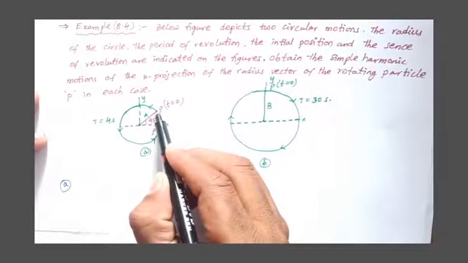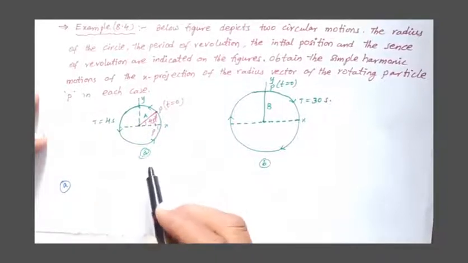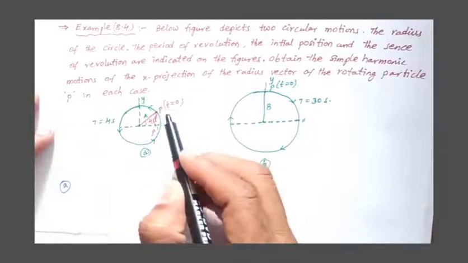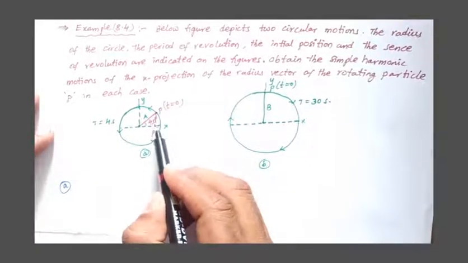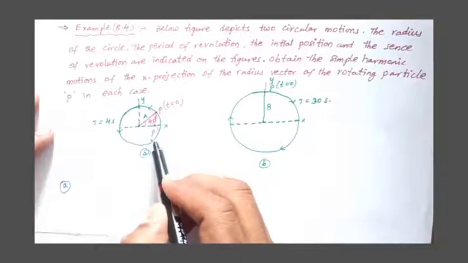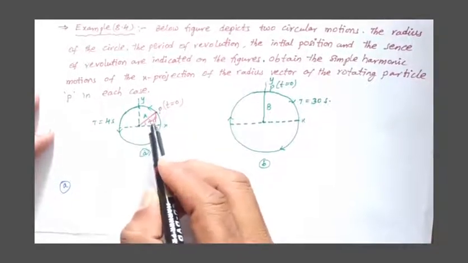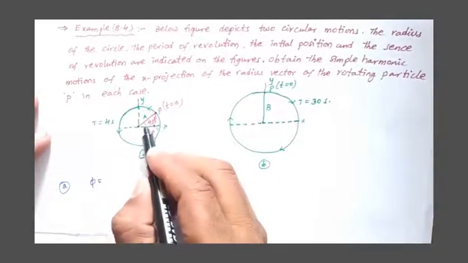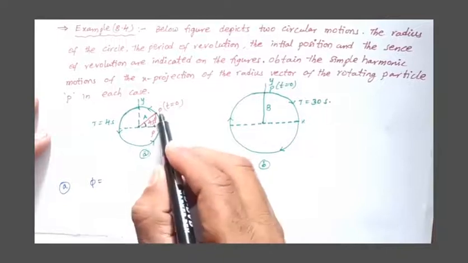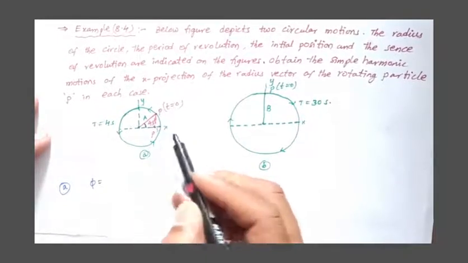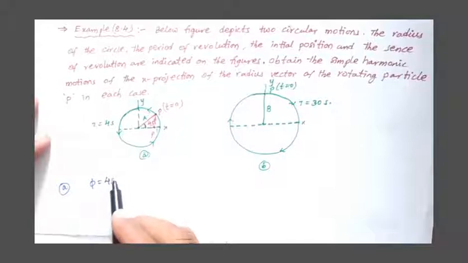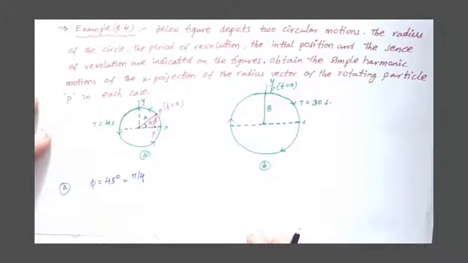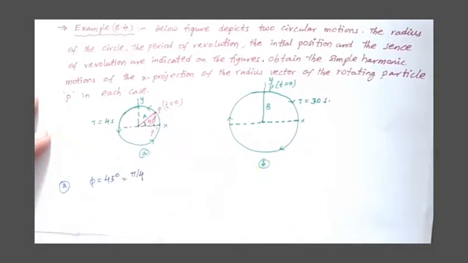A particle P moves in the anti-clockwise direction, and the projection of point P is taken on the x-axis as P dash. The initial phase phi: the angle between point P and the horizontal x-axis is 45 degrees, that is pi by 4.